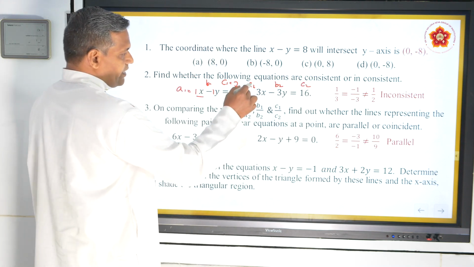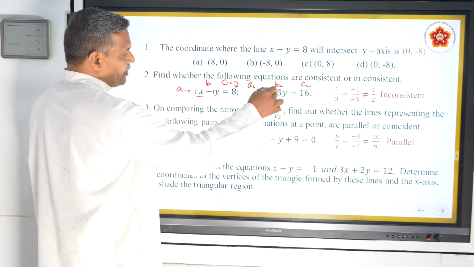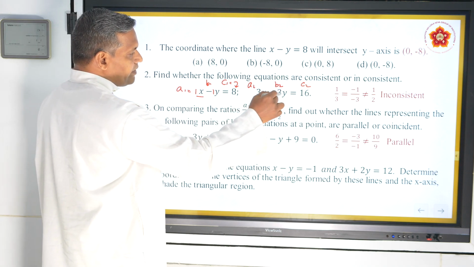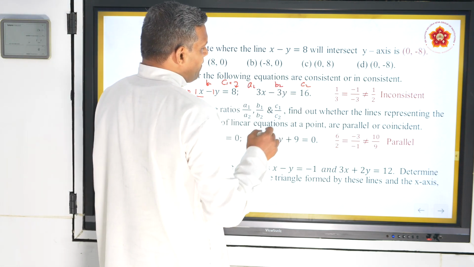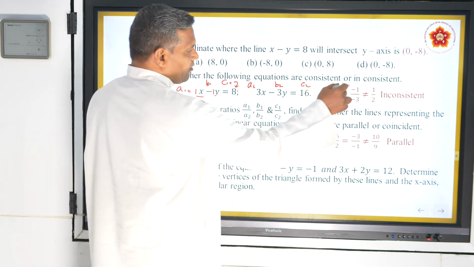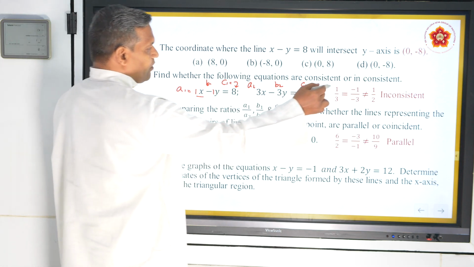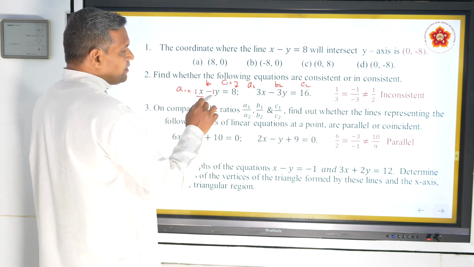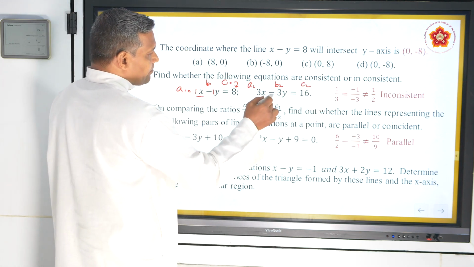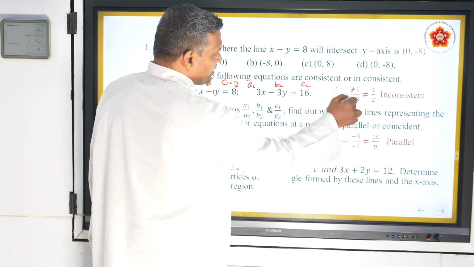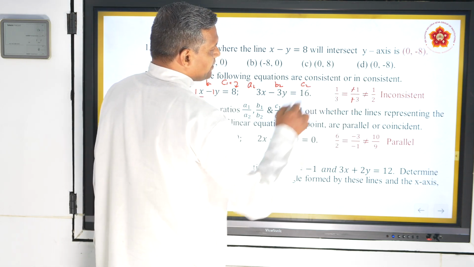Now you take this case, a2 is 3, b2 is of course minus 3, and c2 is 16. When I take all this, a1 by a2 is 1 over 3, b1 by b2 is minus 1 by minus 3, minus minus cancels, you will get once again 1 by 3, which is equal.